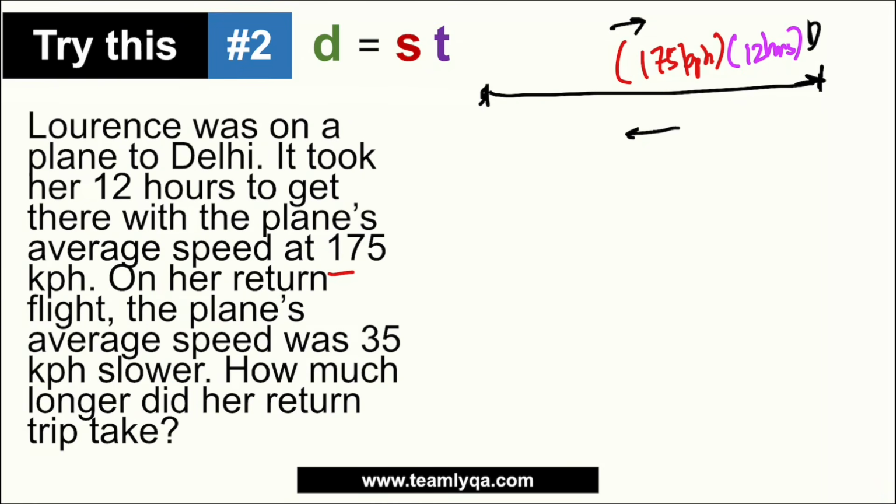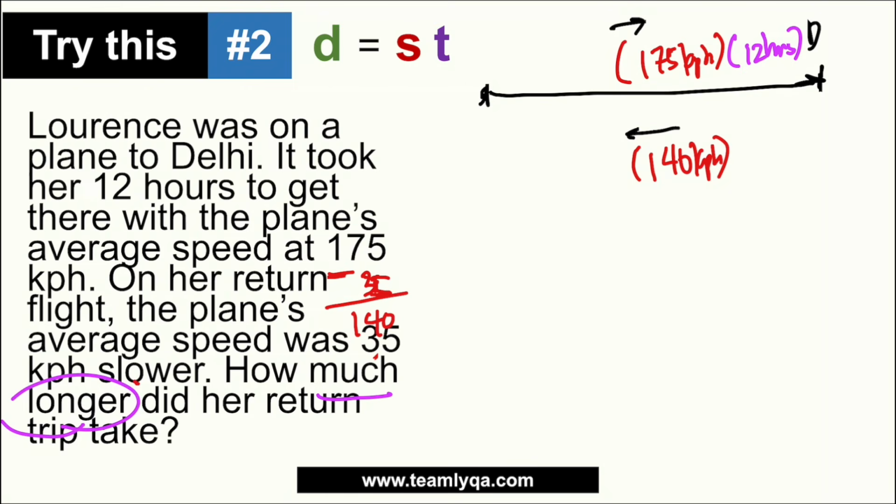So, hindi sinabi exactly kung ano yung speed niya pabalik, pero ang sabi, 35 kilometers na mas mabagal kaysa doon sa papunta. So, ang gagawin lang natin is 175 minus 35 para makuha natin yung speed niya pabalik. So, that would be 140 kilometers per hour.